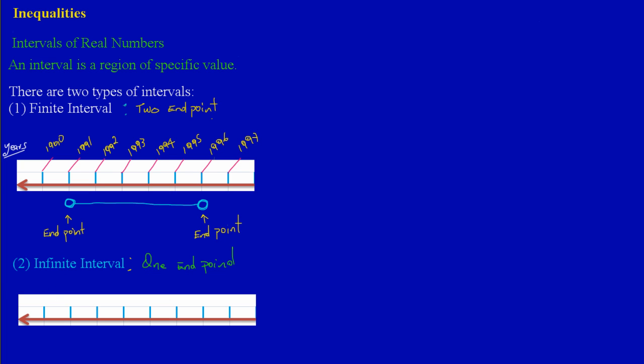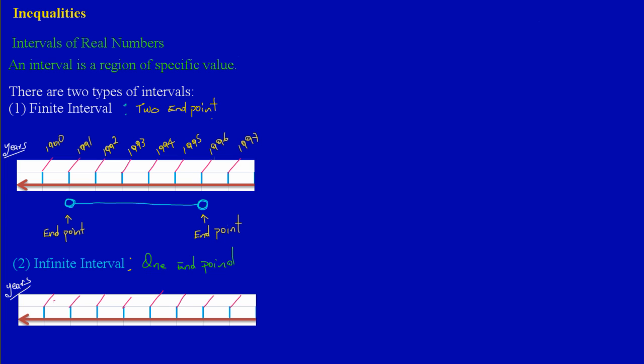Let me make a quick note here: my number line, I'm working with years. So let's say that this is the year 2015. This would be my first year. That would be my second. Let me mark these off quickly. Okay, good.